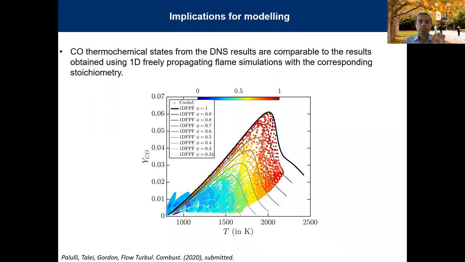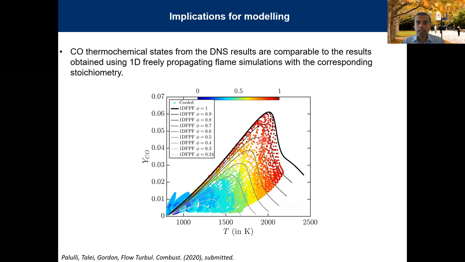And what I mean by that is that as you blow air into the flame, you're changing the local stoichiometry, right? So you had a mixture at a certain equivalence ratio coming in, and then you're adding more air to that. Obviously, the local equivalence ratio is going to be different to what you initially had, okay? And if we color it based on equivalence ratio, this is what we observe.